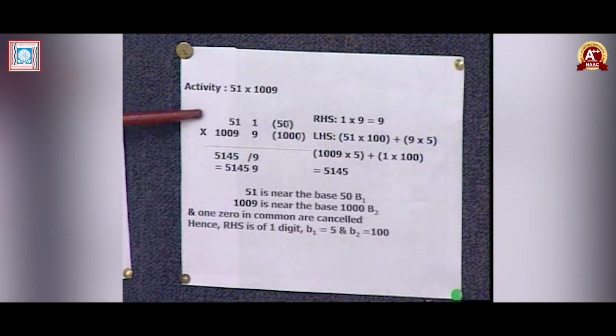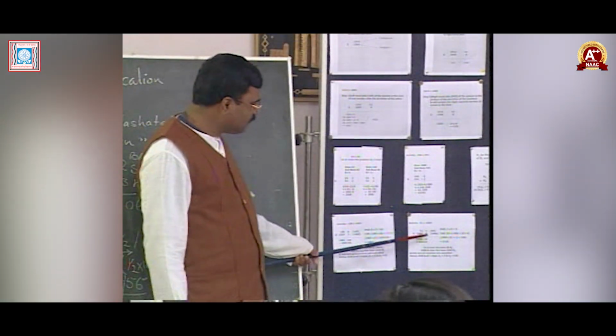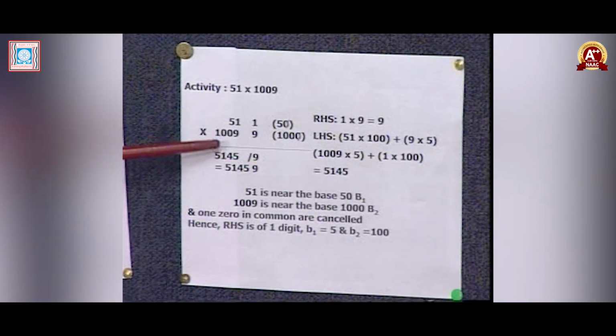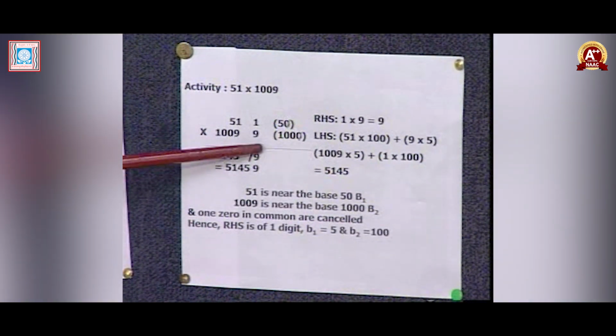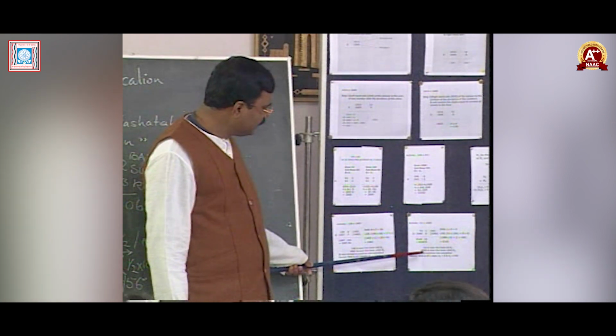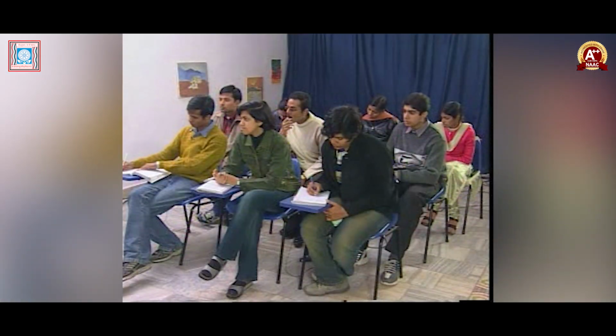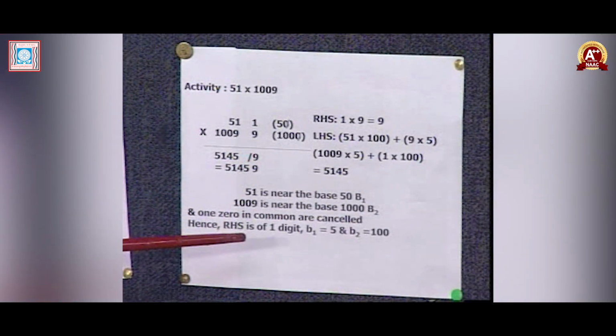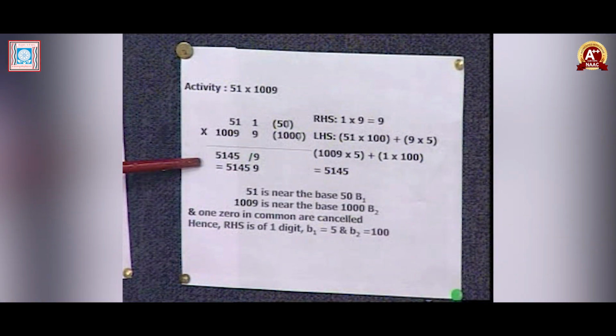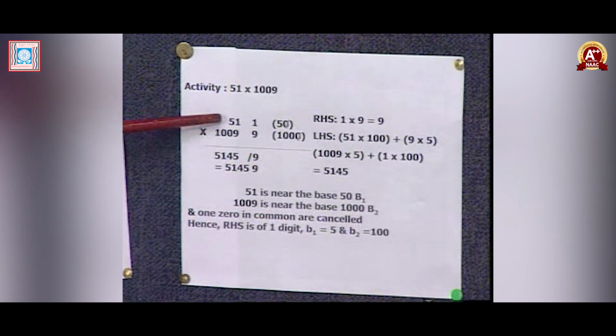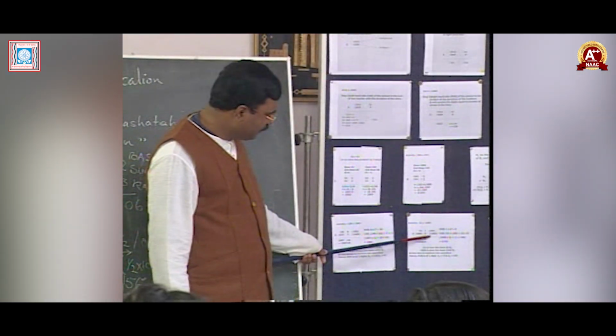As for the deviation, in the case of 51 there is one deviation, and for 1009 the deviation is 9. What is the value of 9 into 1? 9. 50 has only a single digit zero, hence 9 is the right part of your answer. To get the left part, you multiply 51 into 100.